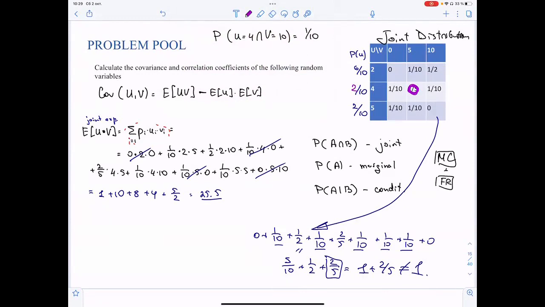And let's simplify the calculations of the joint expectation. And then I have to simplify this one. So here is 0. And that 0 gave me these 8. So I should delete it. I subtract 8 and I have 17.5.